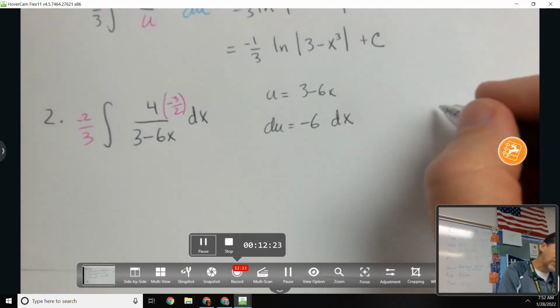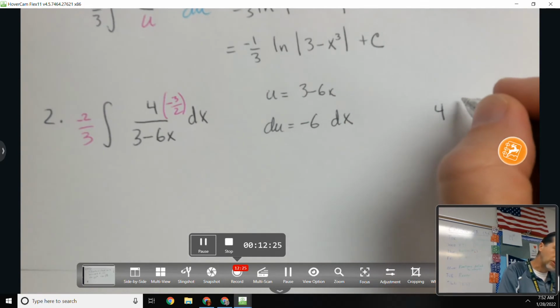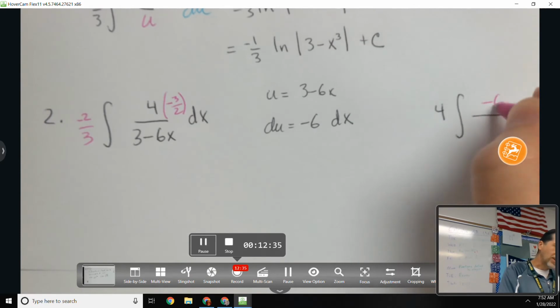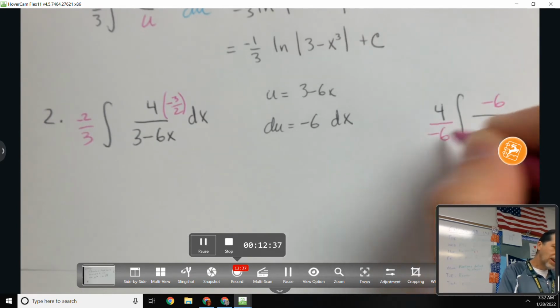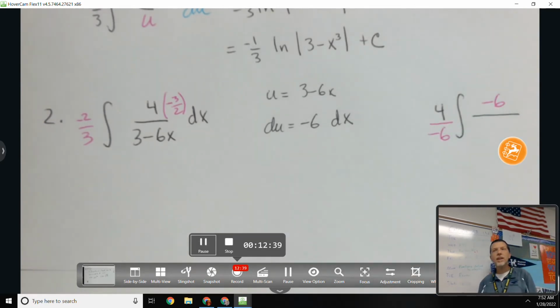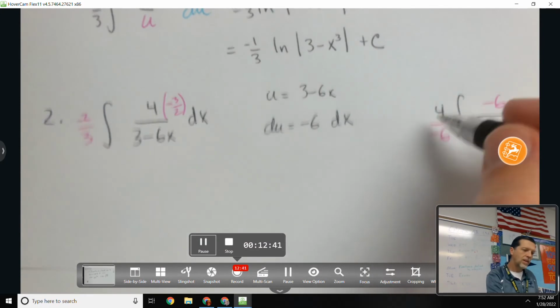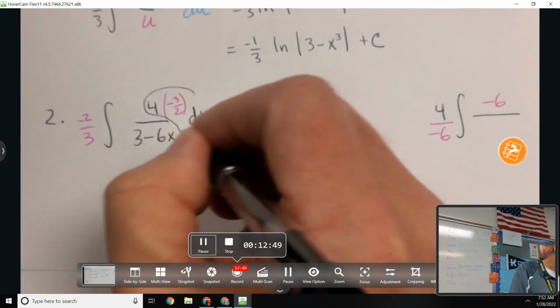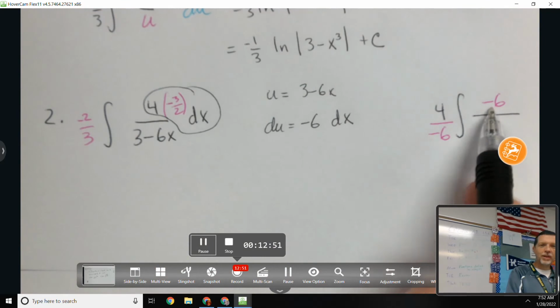That's not how I was going to work that problem, but what you did was fine. I was going to work that problem by just moving the 4 out front to begin with and not having to worry about the weird fraction. So I need a negative 6 in there and a negative 6 out front. It works the same way. You get negative 2/3 in front regardless of how you get there. So this makes negative 6, obviously that makes negative 6.